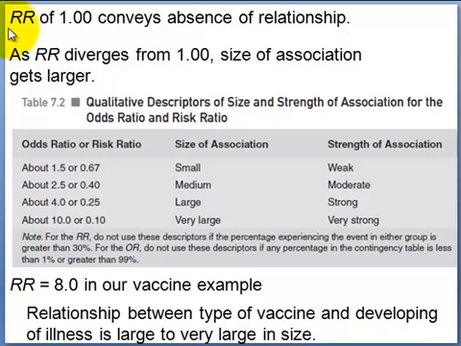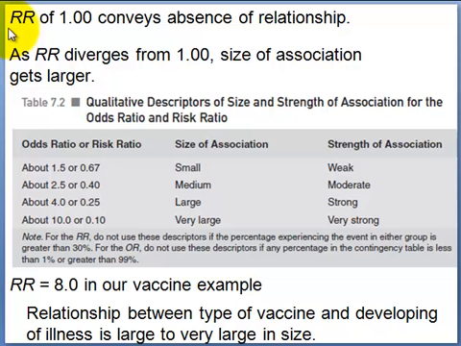So you get a risk ratio of 1 when percentages are equal. And then as the risk ratio diverges from 1, the size of association gets larger. It gets larger as it moves farther away from 1 towards 0. There's no such thing as a negative risk ratio.